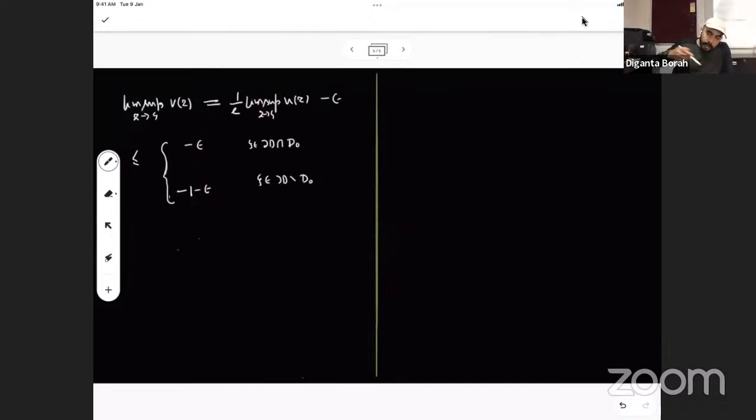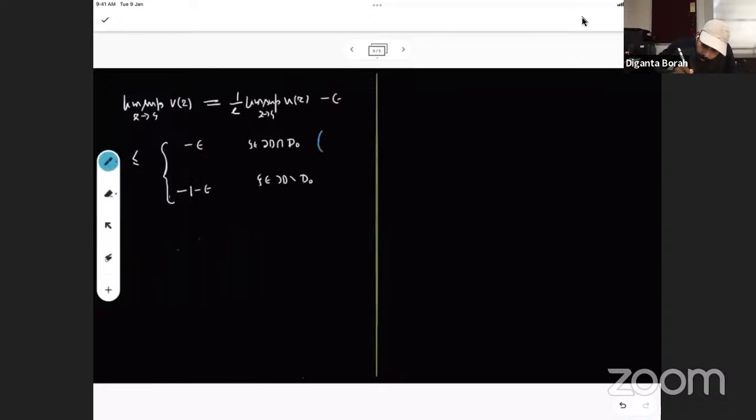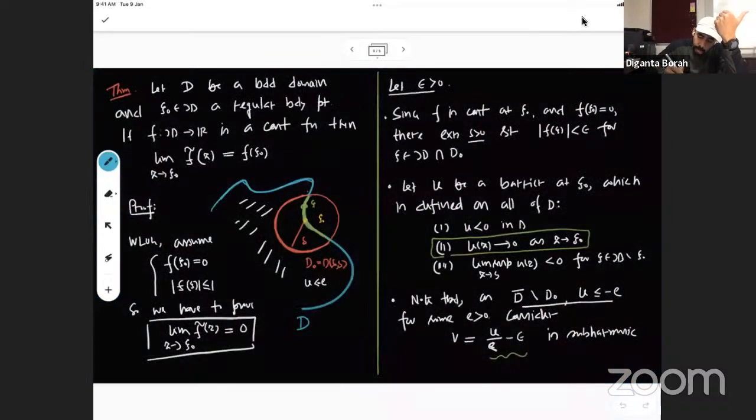But also let's recall what the boundary values of f are here. Remember f at zeta naught was 0, and so mod f was small near zeta naught, right? In fact, we choose this delta so that mod f is less than epsilon. So here mod f is less than epsilon, so f is bigger than minus epsilon on this part.